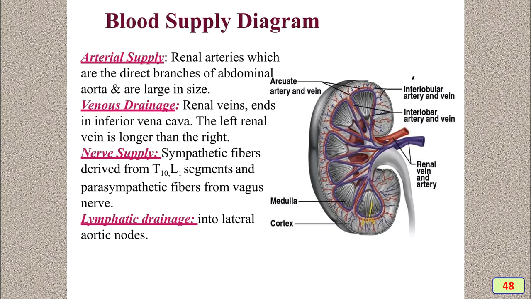Nerve supply: almost all the kidneys are supplied by T10 and the L1 segment and parasympathetic fibers from the vagus nerve. Then lymphatic drainage is directly into the lateral aortic nodes.